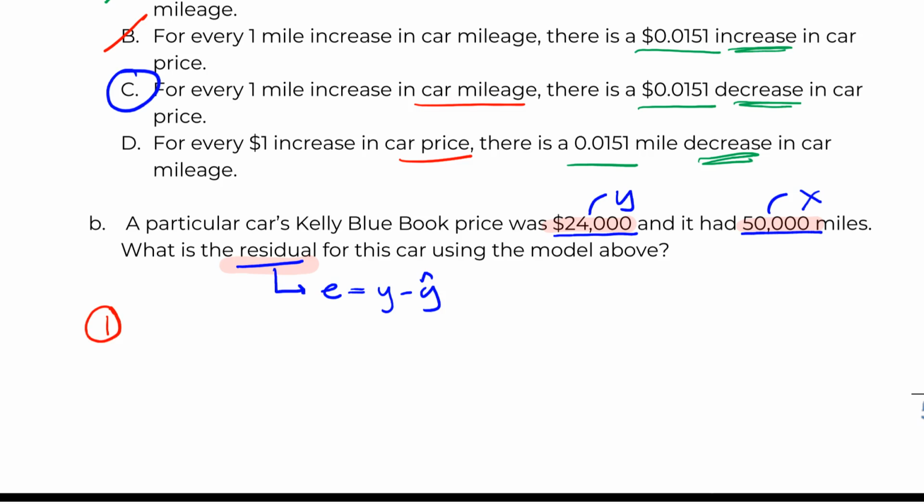This question requires two steps. First, we have to figure out Y hat, because right now we have the Y, we're looking for the E, we don't have Y hat.